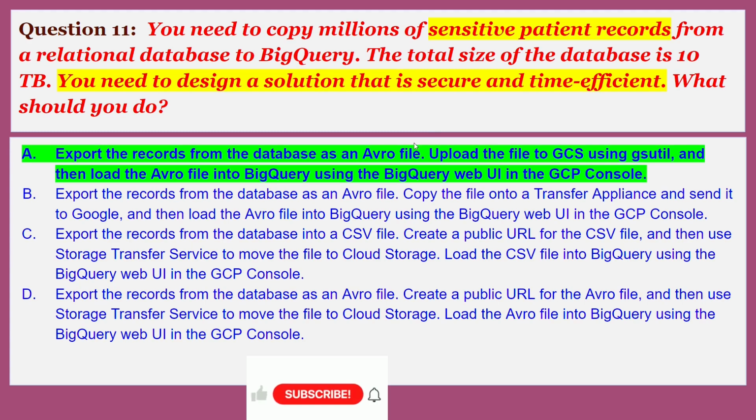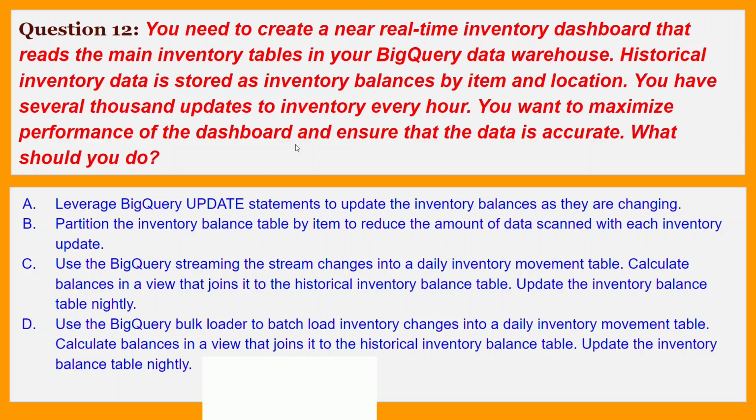So we can go with option A: export the records from the database as an Avro file, upload the file to GCS using gsutil, and then load the Avro file into BigQuery using the BigQuery web UI in the GCP console. This could be the apt answer, because the second option requires using the transfer appliance and sending the data to Google before loading the file, which is more time consuming compared to option A. With that, we conclude that option A is the right answer.